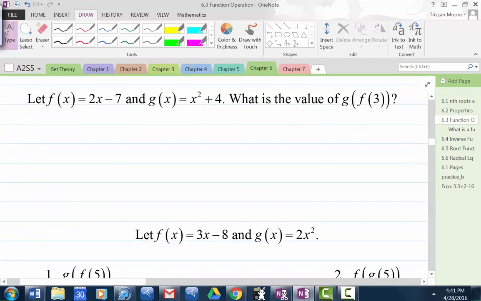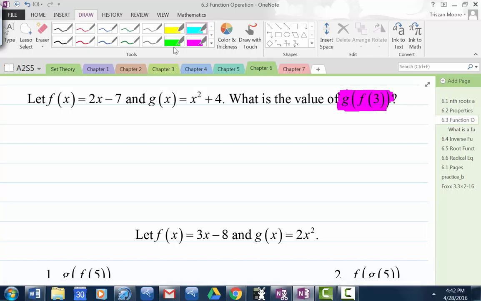Let f of x equal 2x minus 7 and g of x equal x squared plus 4. What is the value of g of f of 3? To be honest with you, you probably do not know how to do this whole thing right here, but you do know how to do a piece of it.